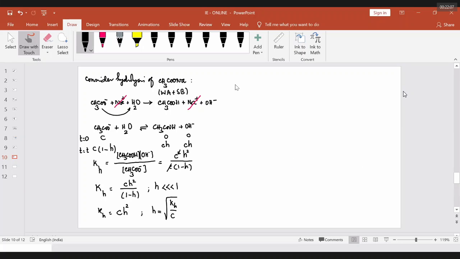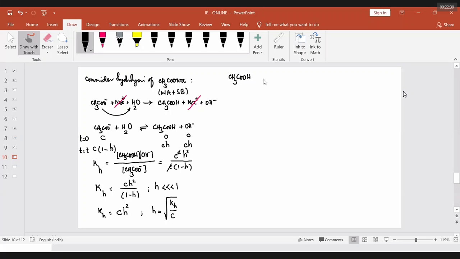Come on. If you are saying h is equal to under root Kh by C, then there is a problem here. What is the problem? Sir, wherever we write this type of representation with an equilibrium symbol, it is applicable in the system, in the reaction vessel. Anybody who is weak, I can apply to that one, right? So here it is the hydrolysis process, but once you have hydrolysis, acetic acid is formed. So there is no chance of acetic acid to exist in molecular state.